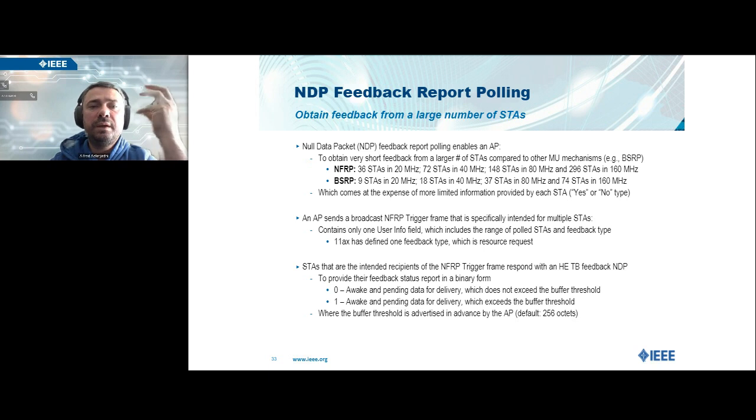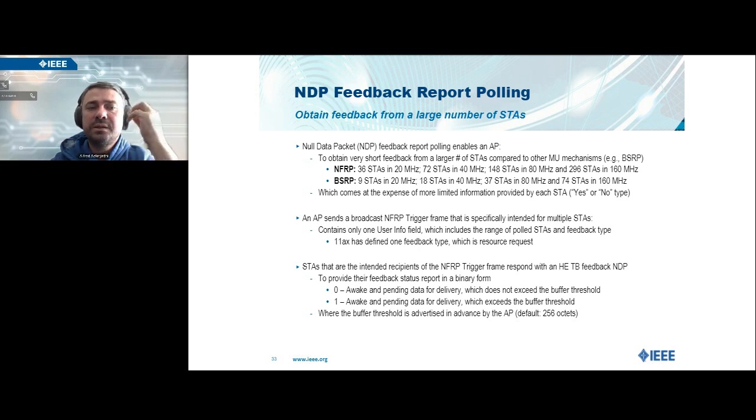So the mechanism itself is a little bit generic, but currently we only have defined one particular feedback type, which is essentially a resource request for uplink MU. So the report is in a binary form, with a bit set to 0 to indicate that the station is awake and pending data for delivery, and that data for delivery does not exceed a buffer threshold that the access point announces to everybody in advance.